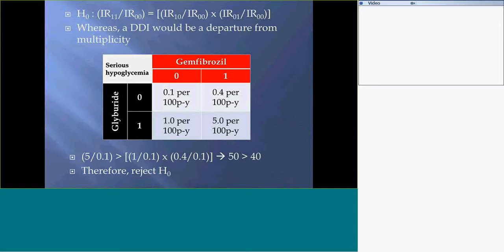So if you were to reject that null hypothesis, you would say there's a drug-drug interaction. That is, a DDI would be indicative of a departure from this multiplicity in this formula.